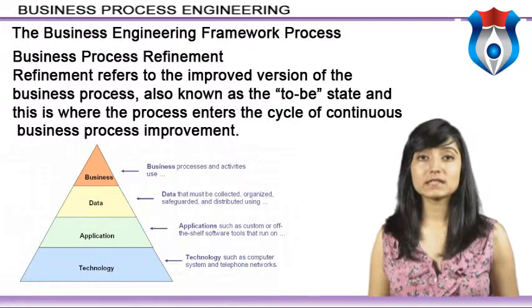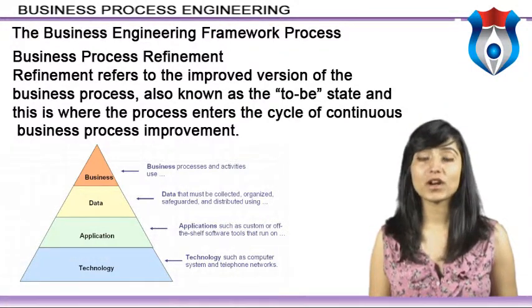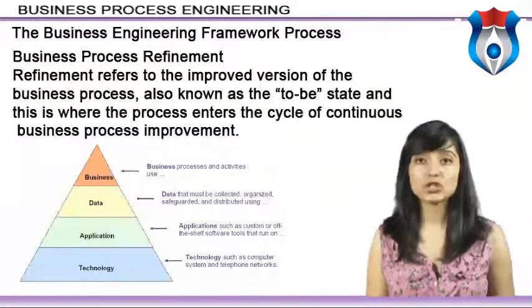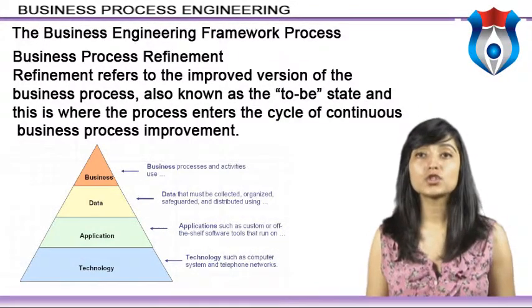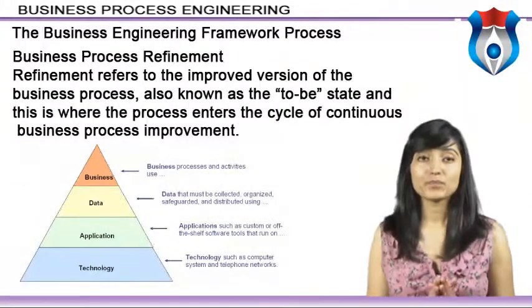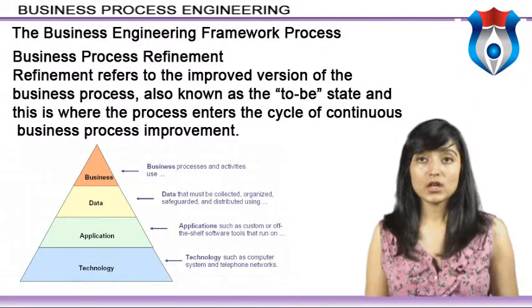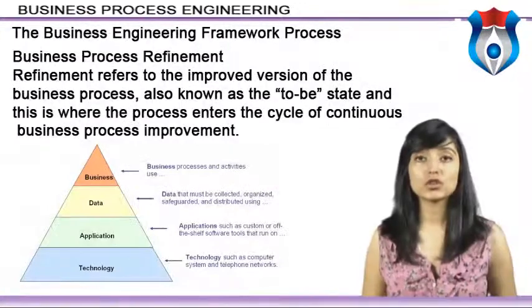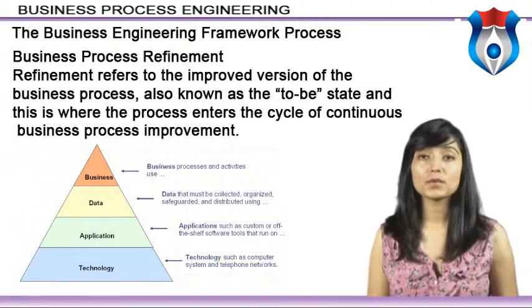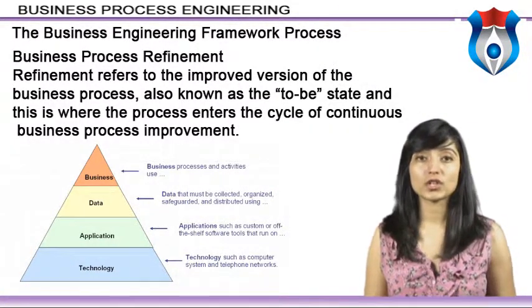A gap analysis is performed to specify requirements for extensions to existing IT capabilities needed to support the to-be business process model. Approved IT changes initiate software and service engineering projects separate from the business process engineering project.